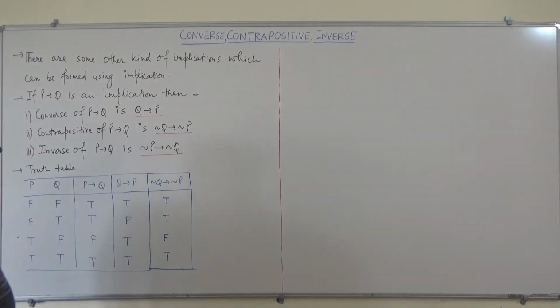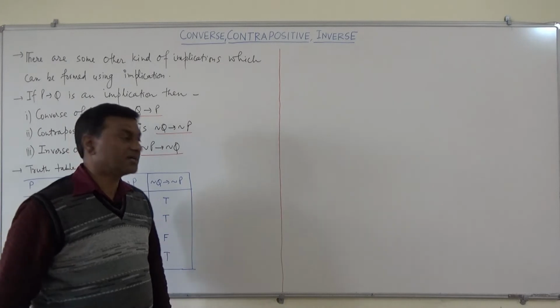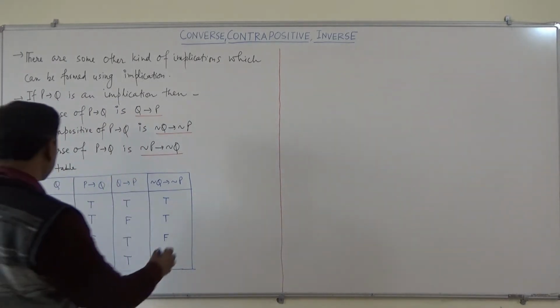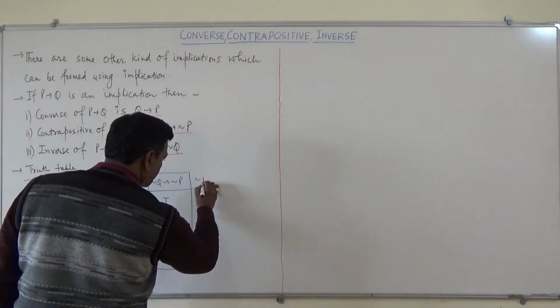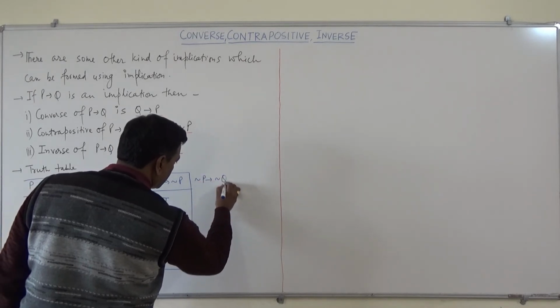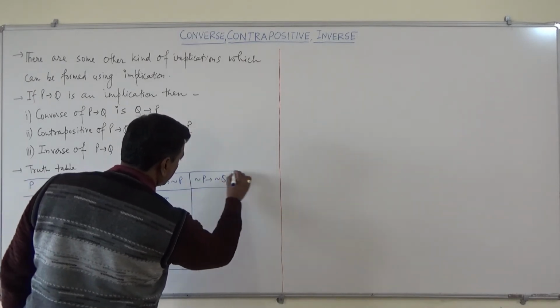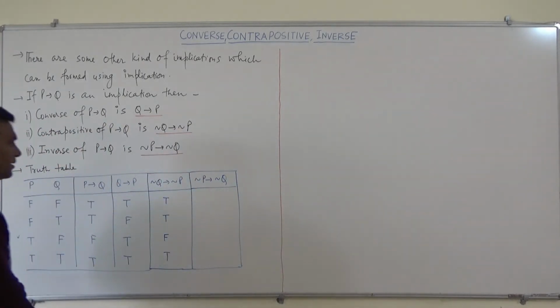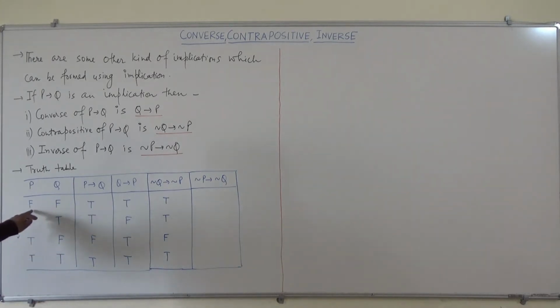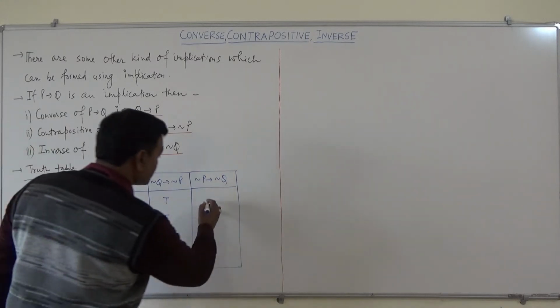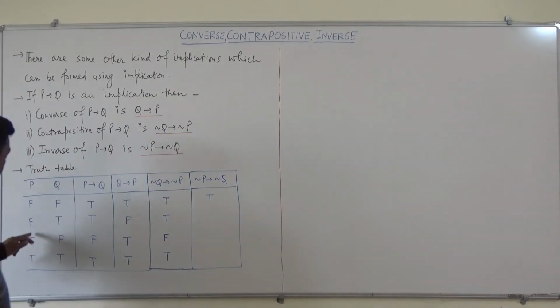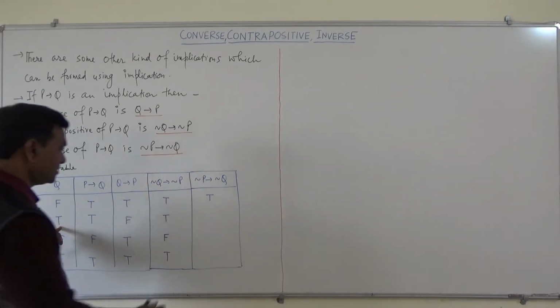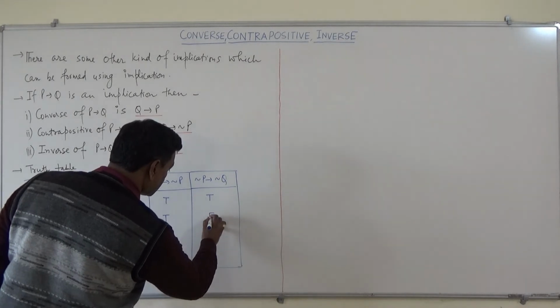And the fourth one is inverse. Inverse says not P implies not Q. Now not P is true, not Q is also true, so true is true. Then not P is true and not Q is false, so true false is false.